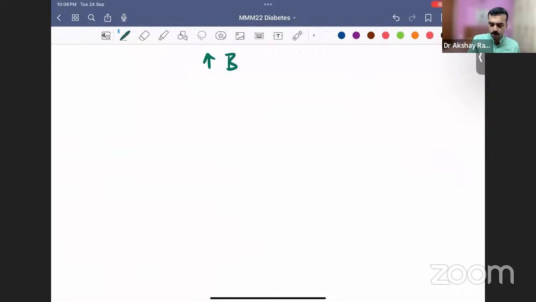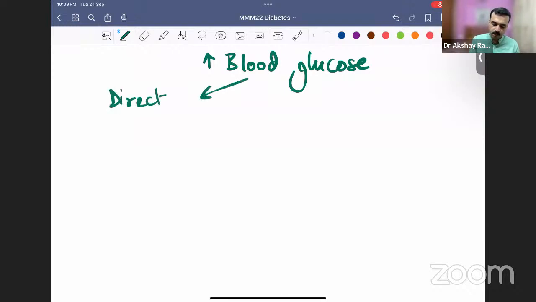So why is high blood glucose bad? So what if blood glucose is high? What harm is it going to do? High blood glucose. So remember, there are some direct effects. Direct effects include osmotic effects. Okay, not so bad. If he's too thirsty, he'll just drink a lot more water.